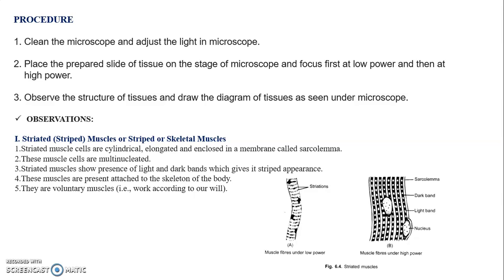So the first observation is for the striated or skeletal muscles. The characteristics are: striated muscle cells are cylindrical, elongated and enclosed in a membrane called sarcolemma. Striated muscle cells are multinucleated, meaning one cell can have multiple nuclei. Striated muscles show the presence of light and dark bands, which gives them a striped appearance, and that's why they are called striped or striated muscles.